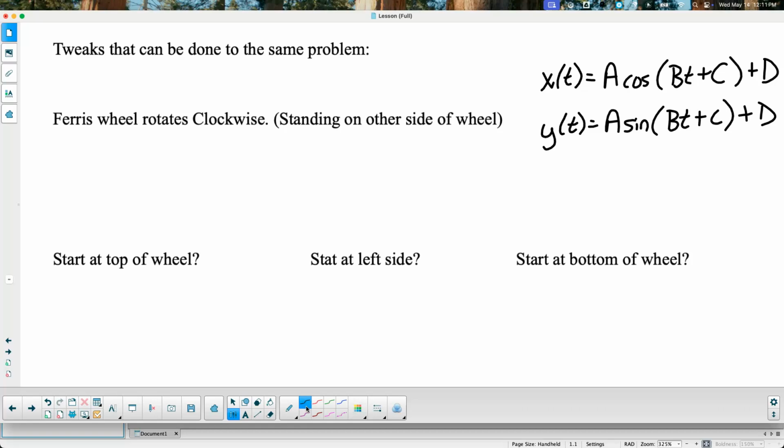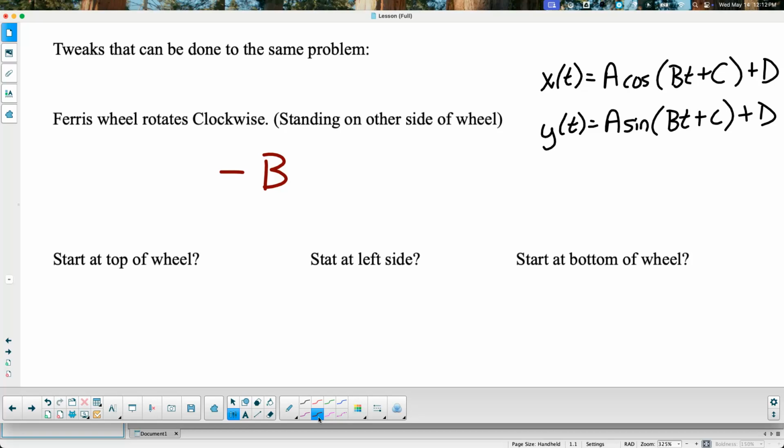First off, if the Ferris wheel is rotating clockwise, I misspoke yesterday and I said that it was the A value. I misspoke. It's the B value that makes it go the opposite direction. Negate that and you go clockwise. Positive B, counterclockwise. That's it.